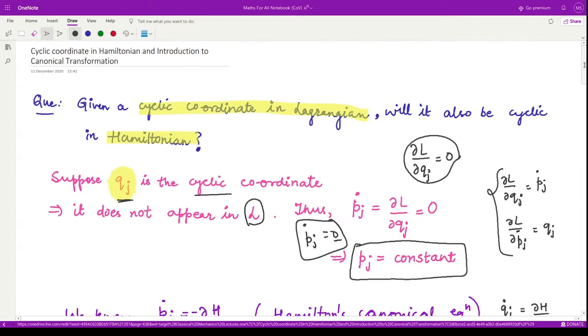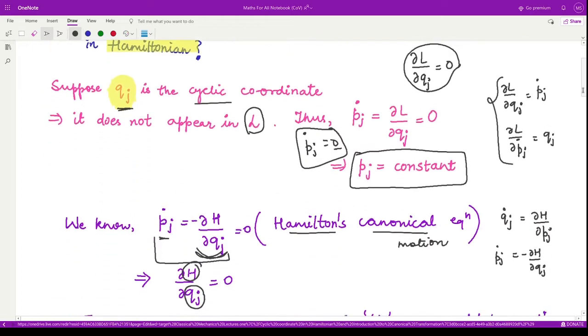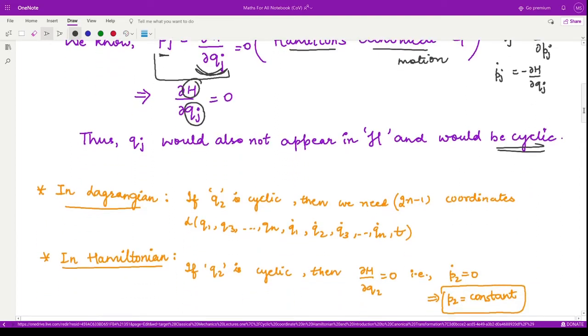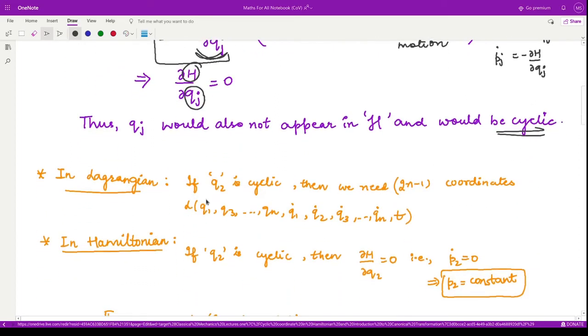So you saw, whenever you have a generalized coordinate which is cyclic in the Lagrangian, then it is also cyclic in the corresponding Hamiltonian. In fact, say out of these n coordinates, let us assume q2 is cyclic. Then we would only require q1, q3, not q2. Note that q2 is missing, and we have q1, q3 up to qn, and all the generalized velocities including q2 dot, and time.